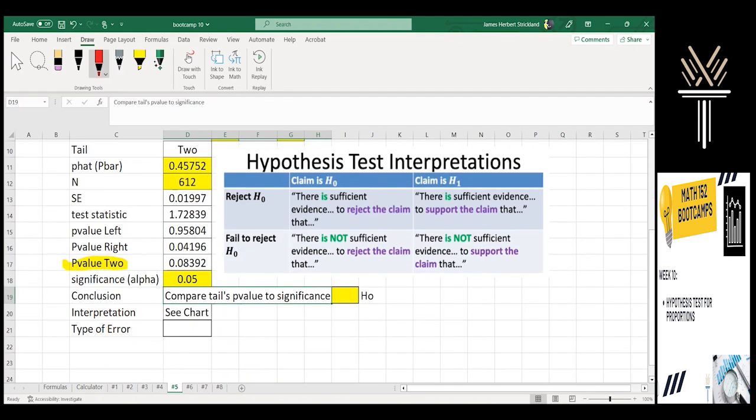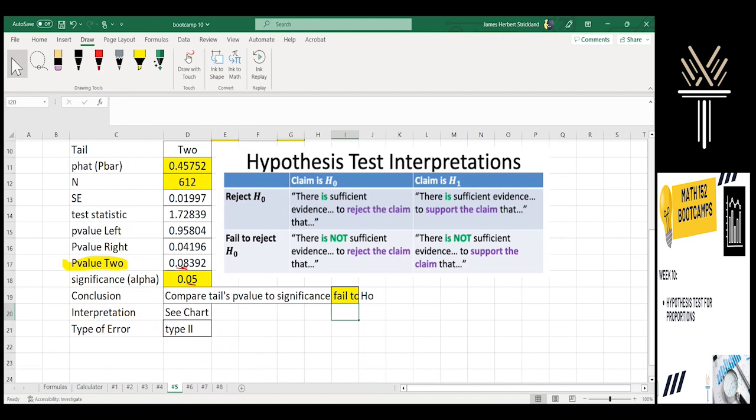And so comparing 0.08 to 0.05, the p-value is greater than alpha, so you would fail to reject, because the p-value is not smaller than alpha.